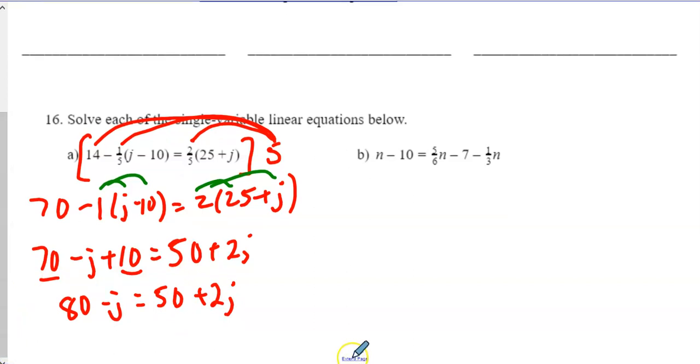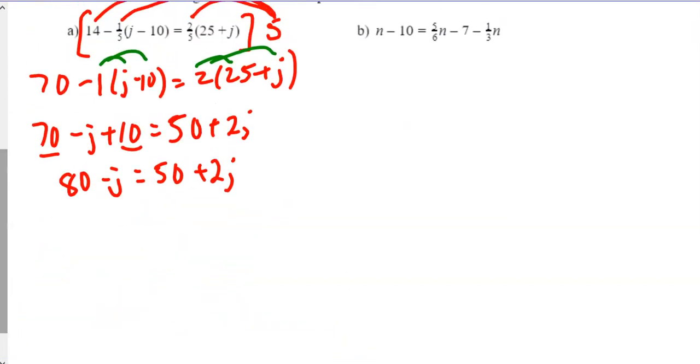Now I can undo my operations here and solve this problem. Excuse me, so I'm going to subtract a 50. And I get 30 there. I'm going to add j, so I get 3j, and divide both sides by 3, so j is 10.